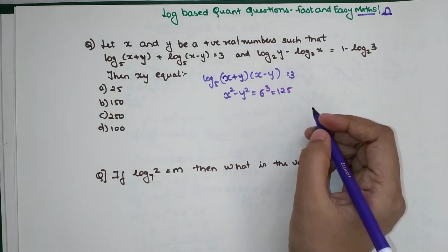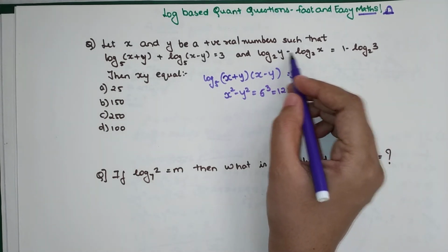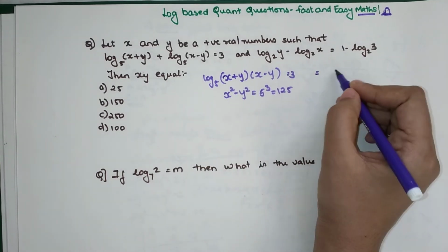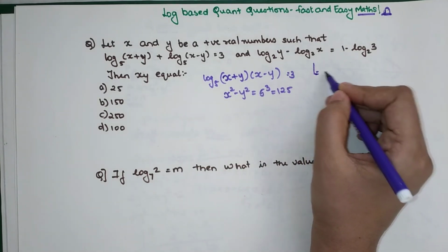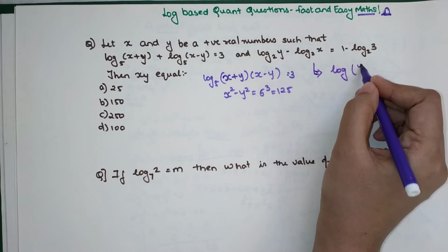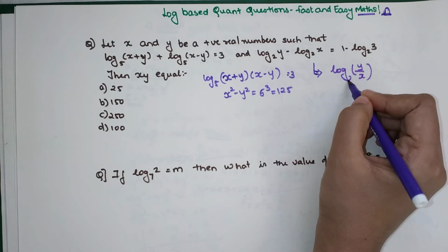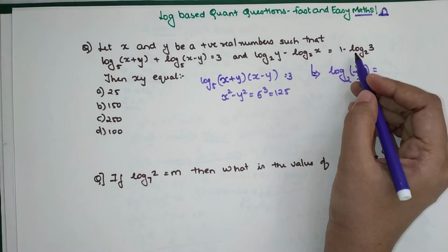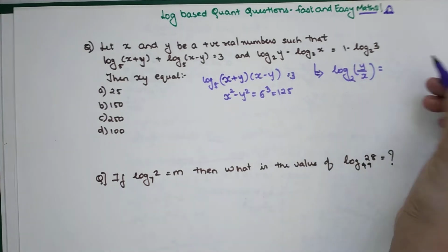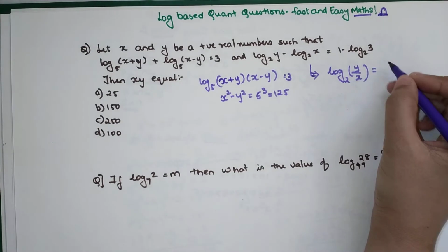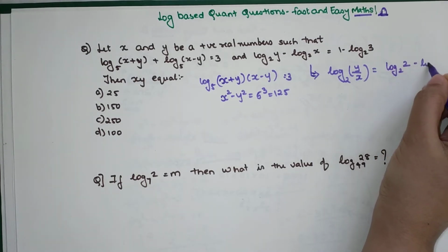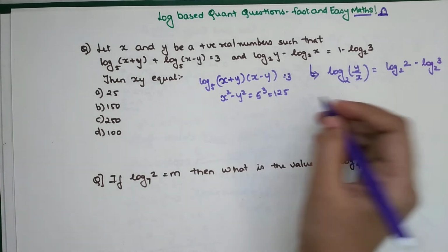that is equal to 125. Now similarly, when you have a negative sign between two logs of the same base, I can write that as log of y by x to the base 2. Now please understand, here you have 1, and since everything was in terms of logs, we can write this 1 as log of 2 to the base 2 minus log of 3 to the base 2.